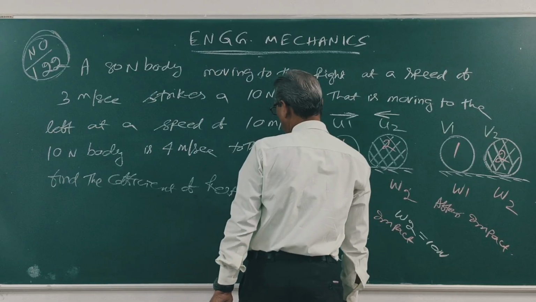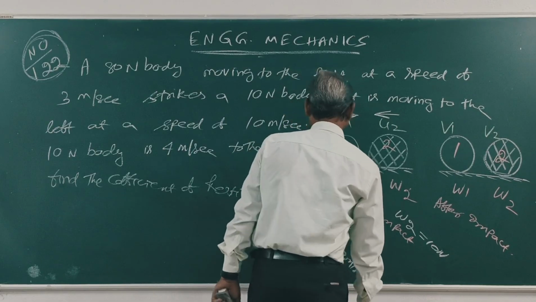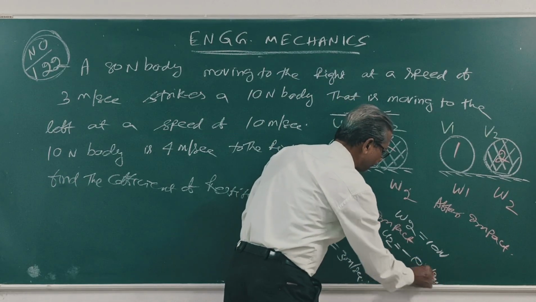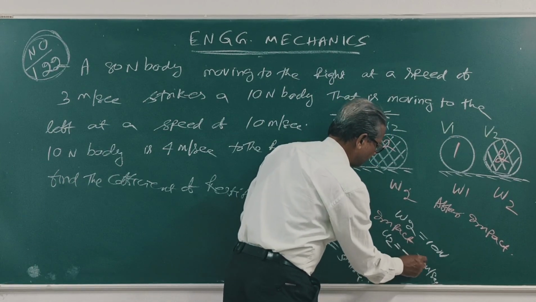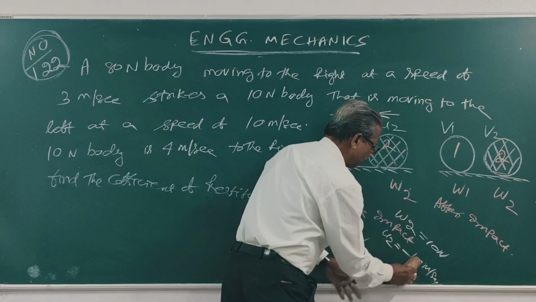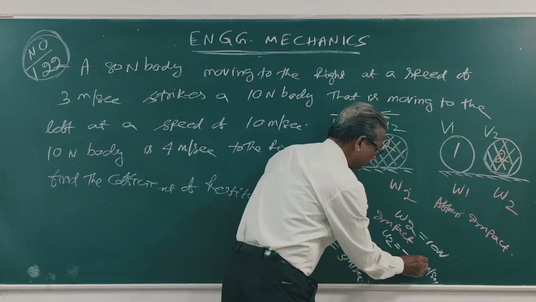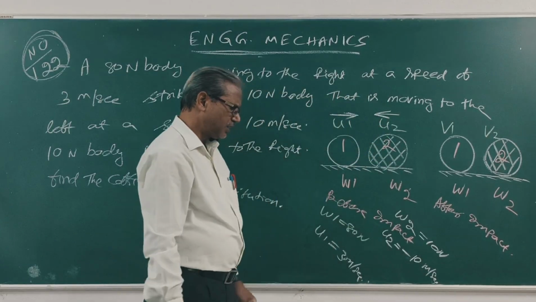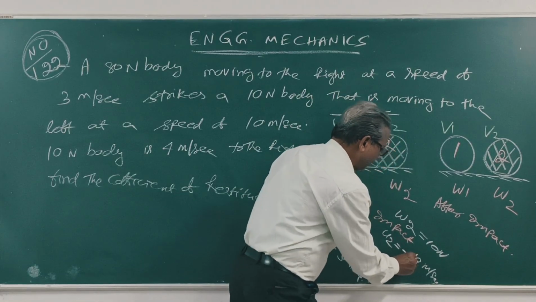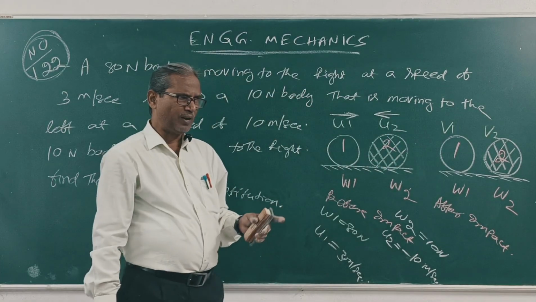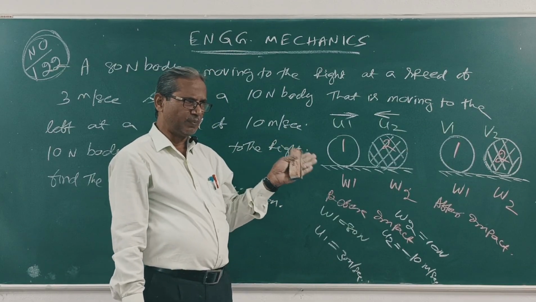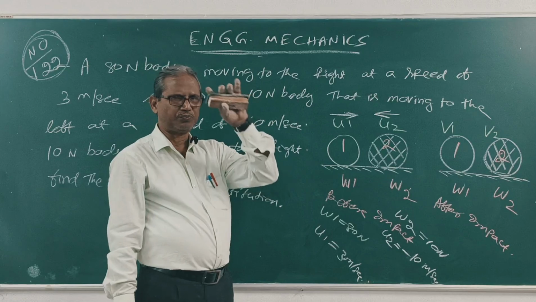What is U2 equal to? Minus 10 meter per second. Negative sign means the body is moving towards left. But we are assuming all bodies are moving towards right, so our formula is according to both bodies towards right. So when we are taking left, that should be negative. Clear?